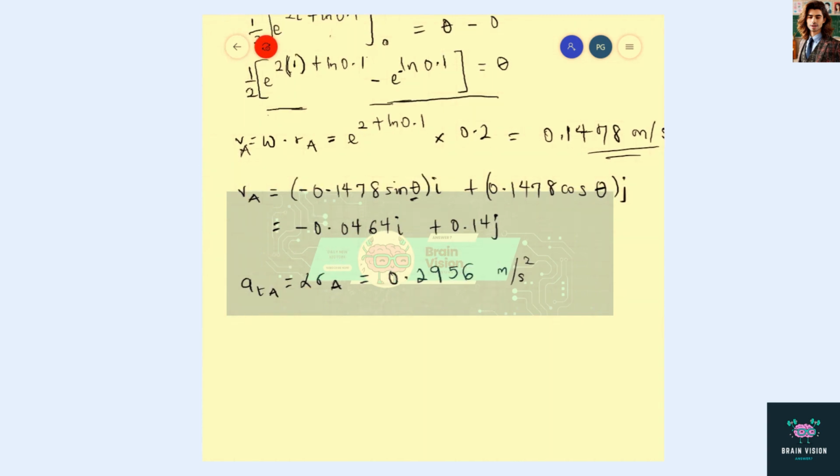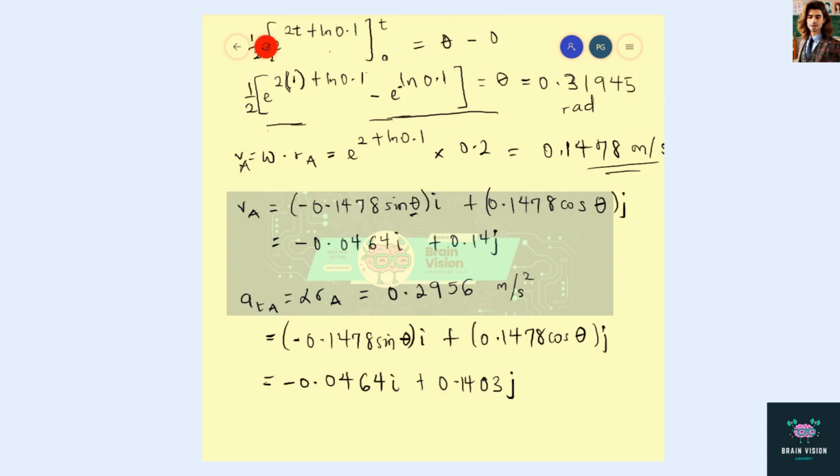The components are going to be minus 0.1478 sine theta i plus 0.1478 cos theta j, and sorry, I actually put the wrong values here.